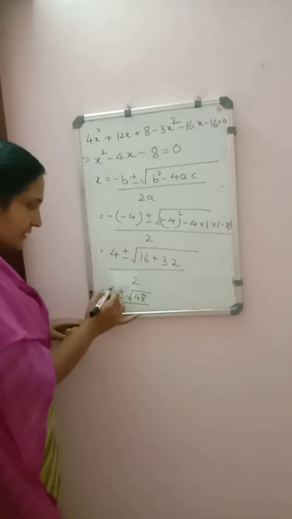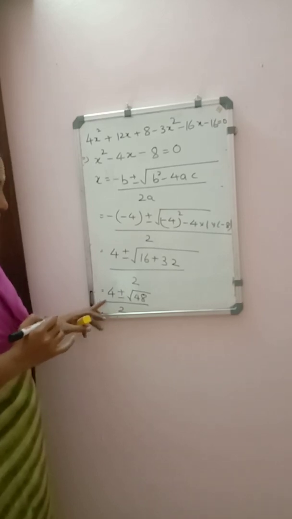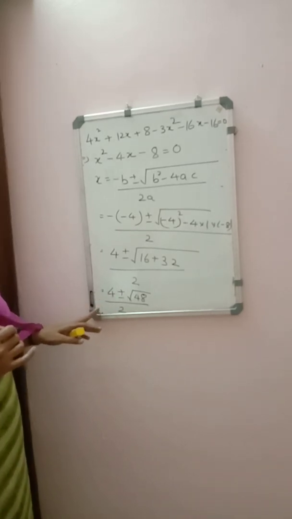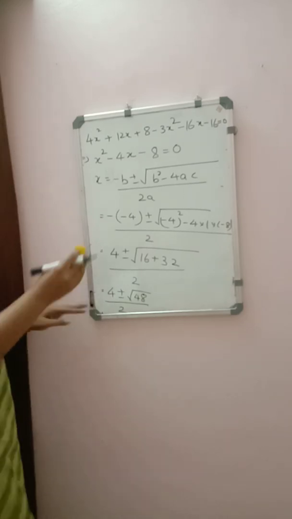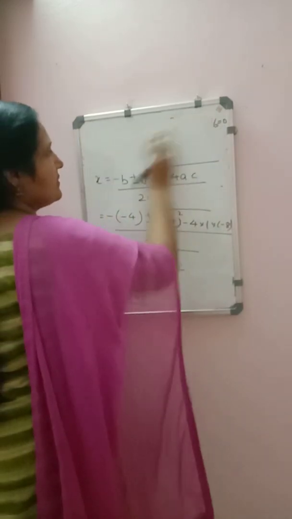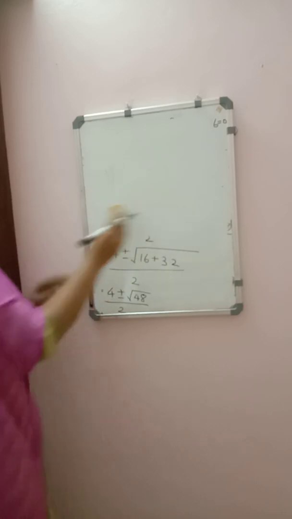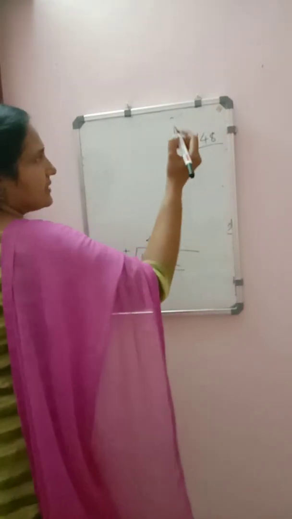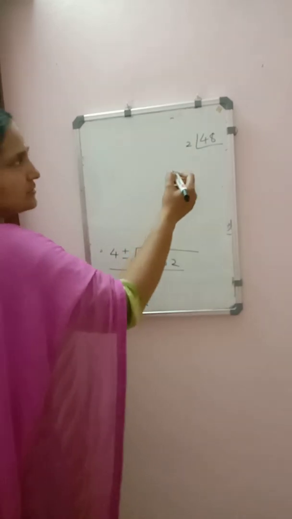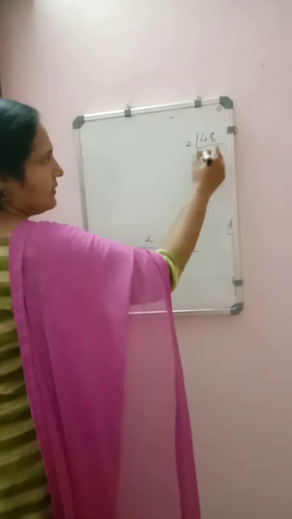Again don't cancel this 2 and 4 here. 4 plus or minus symbol is there. So again we can simplify root 48. If you check by prime factorization method, divisible by 2. So it will be equal to 2 2s are 2 4s are.